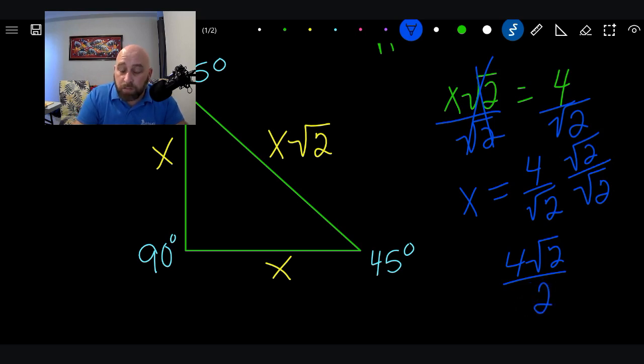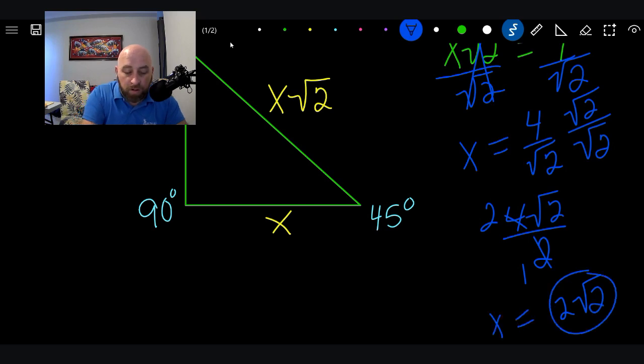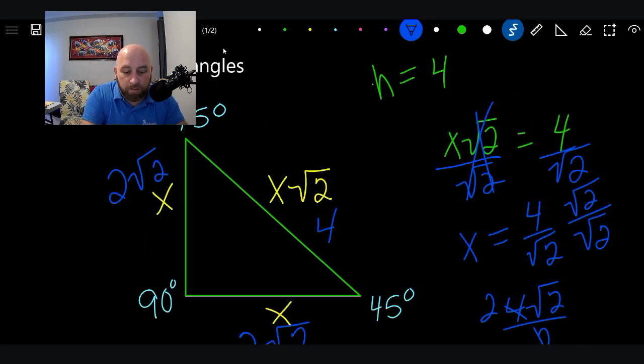So it's going to equal 4 square roots of 2 over 2. Now we can reduce that. So that comes out to 1, that comes out to 2. So our answer is 2 square roots of 2. X equals, or each leg equals 2 square roots of 2. And in this case, the hypotenuse, what did I say? It was 4.